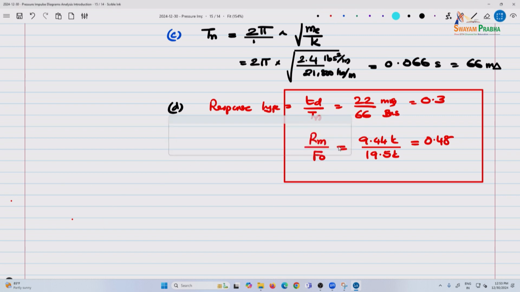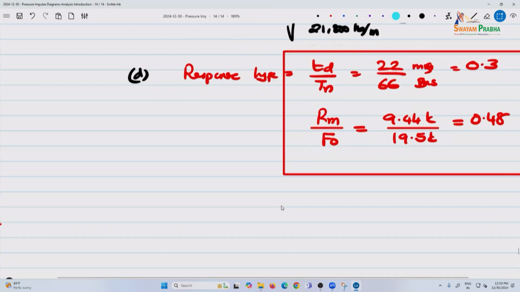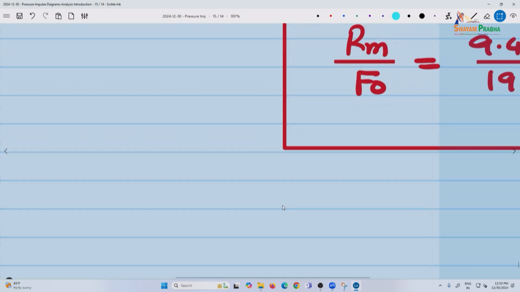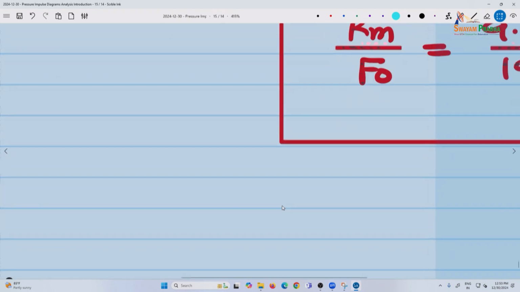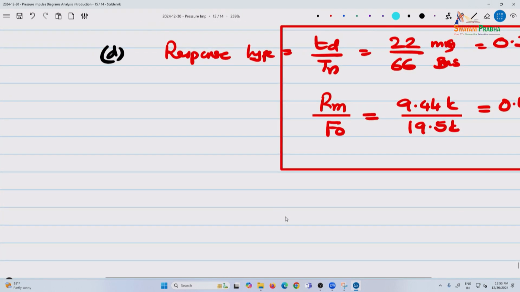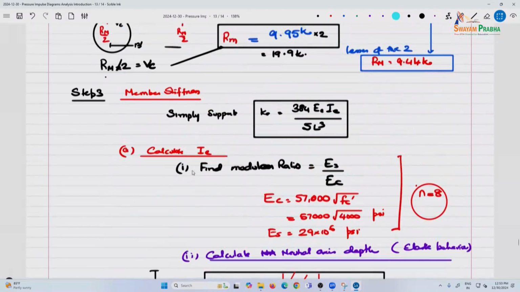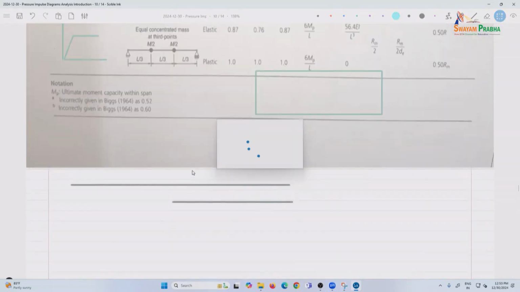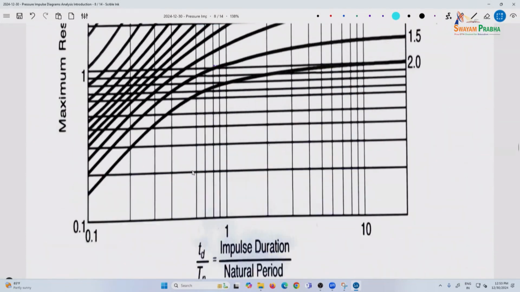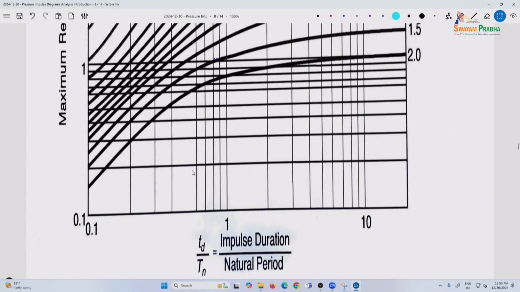Oh, cannot copy, okay, I need to import that. The same scroll bar does both functions. So if we come here, what was our TD by Tn?